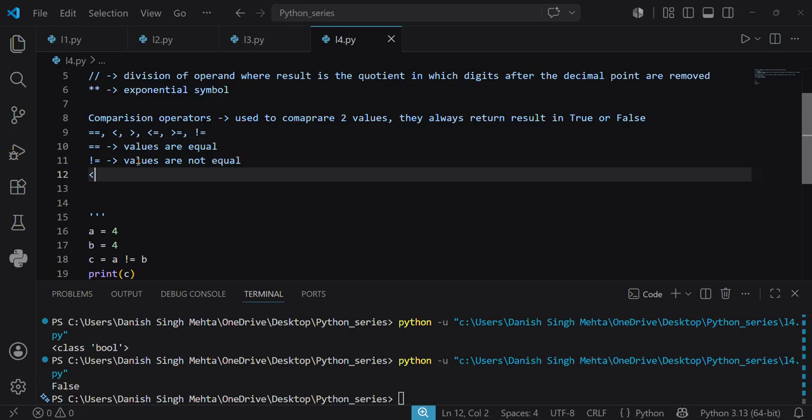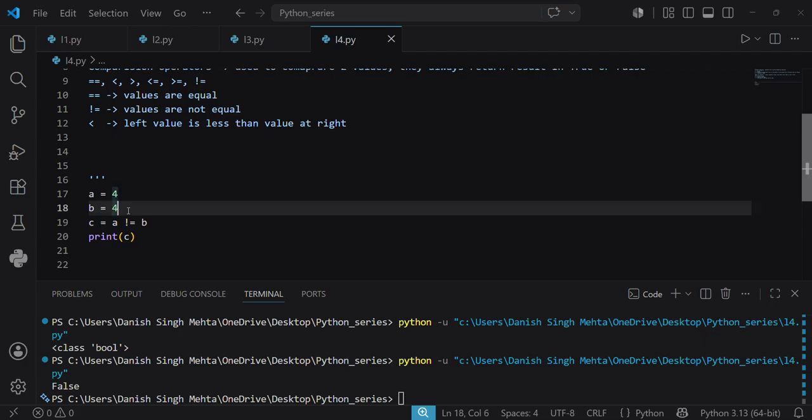And less than basically says, as you know, that the left value is less than the value at right.